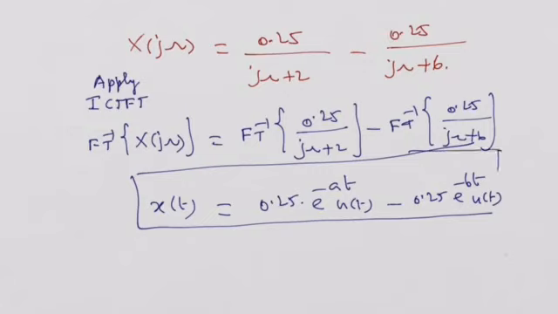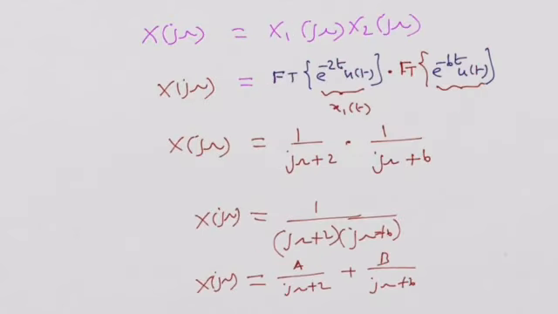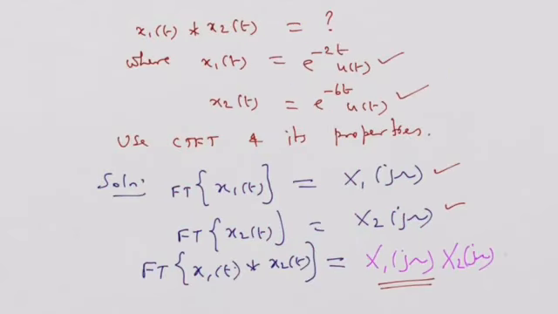Now, I just want to remind you, we started with a simple calculation like this. The Fourier transform of x1 of t gives me X1 of j omega. The Fourier transform of x2 of t gives me X2 of j omega. With these two assumptions, I proceed with the Fourier transform of the convolution of x1 of t with x2 of t, which is equal to the product of X1 of j omega and X2 of j omega.